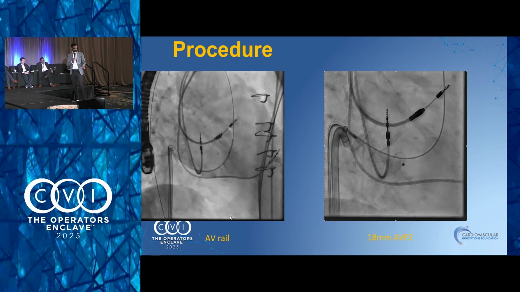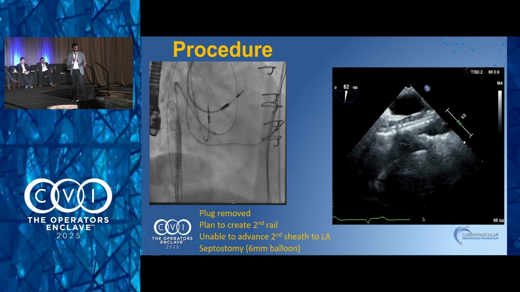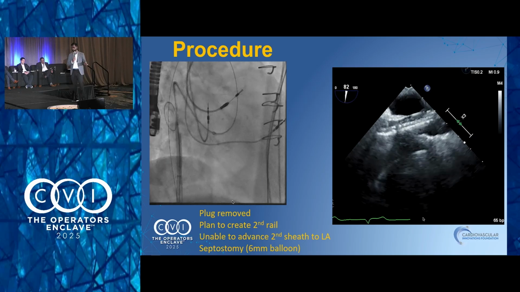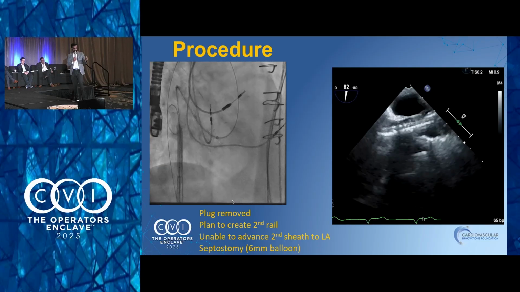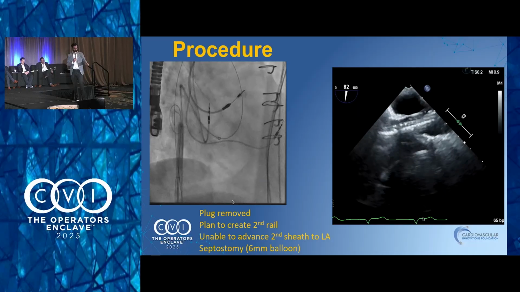So that didn't work. This was unsatisfactory. A lot of residual MR. So then we said, okay, let's go ahead and create a second rail, but we couldn't get anything through the septum. So we were able to get a wire into the LA. We ballooned with a peripheral balloon.